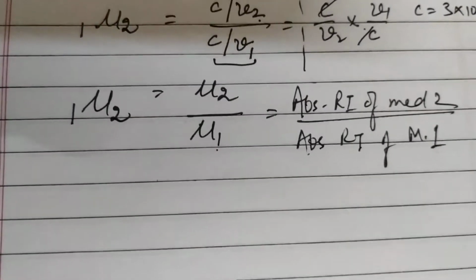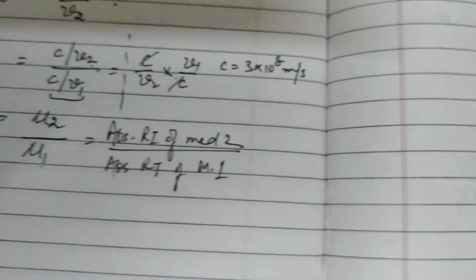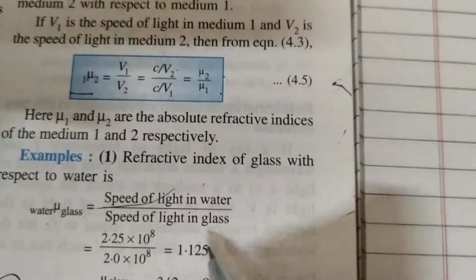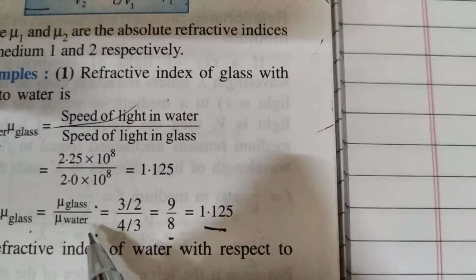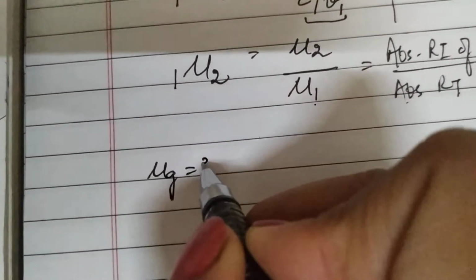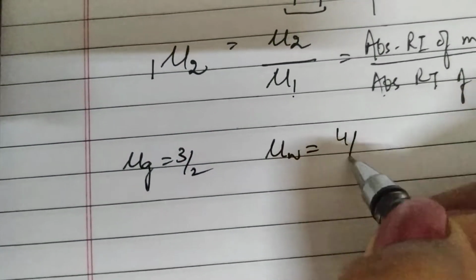Now let us take some examples. If we know the absolute refractive indices of, let us say, glass and water: for glass it is 3/2 and for water it is 4/3.